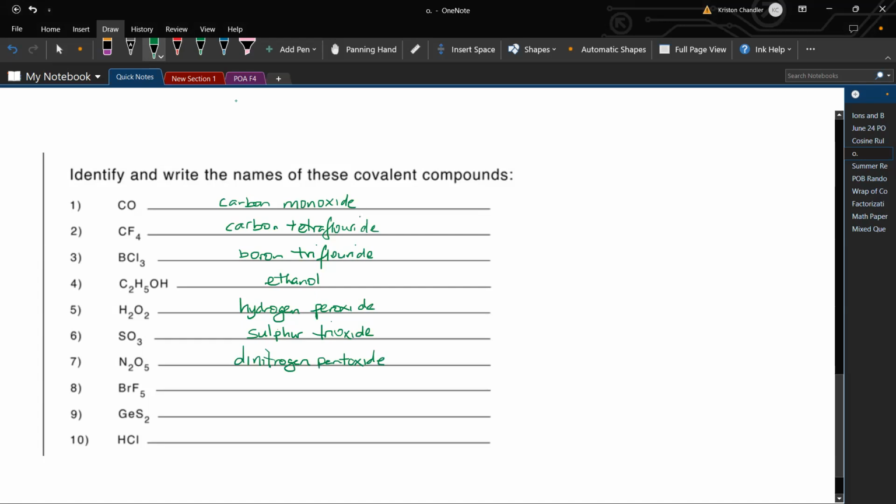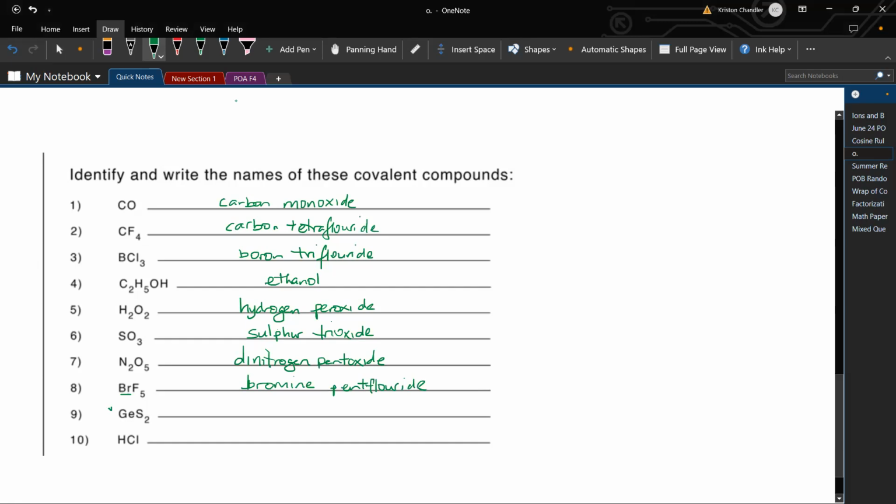BrF5. No, Br will be what? Bromine. Bromine. Yeah. Penta. This one, GeS2.